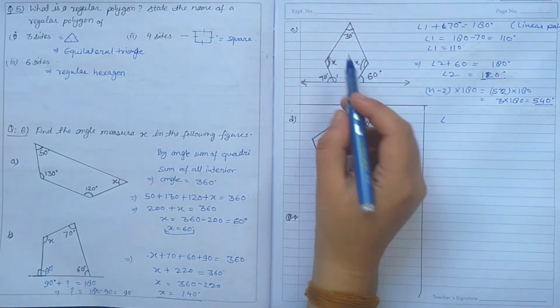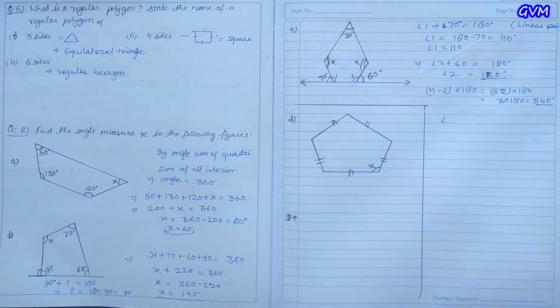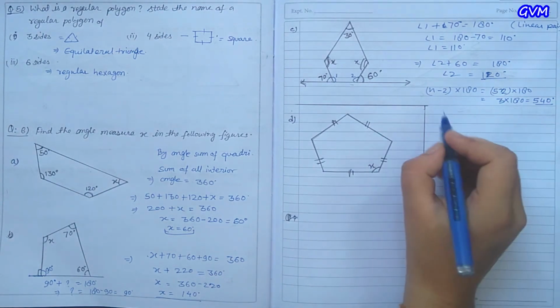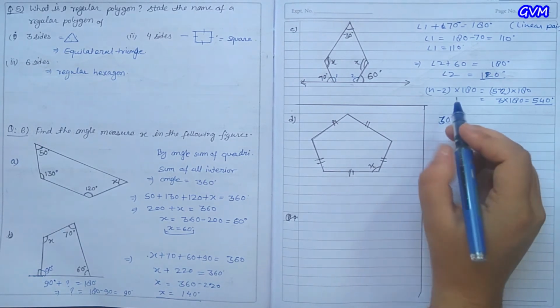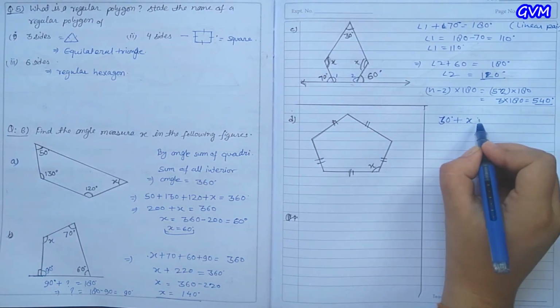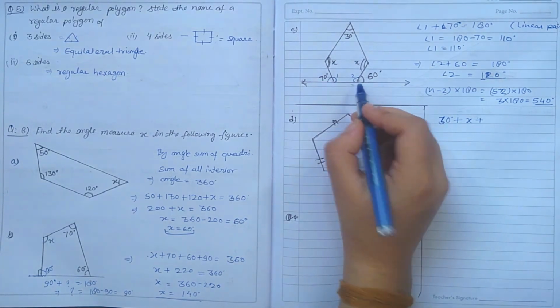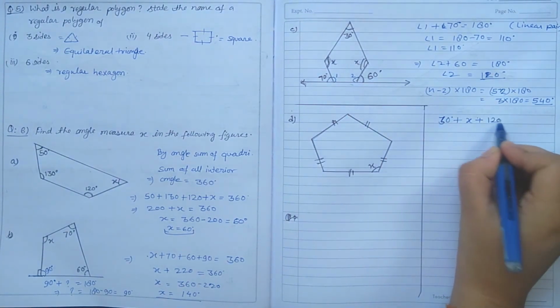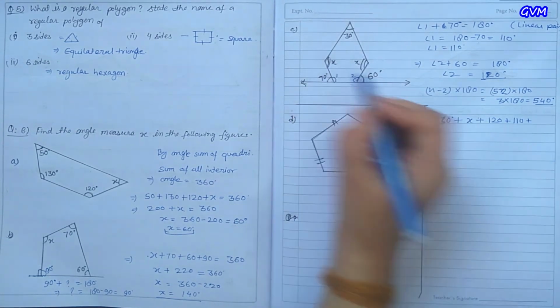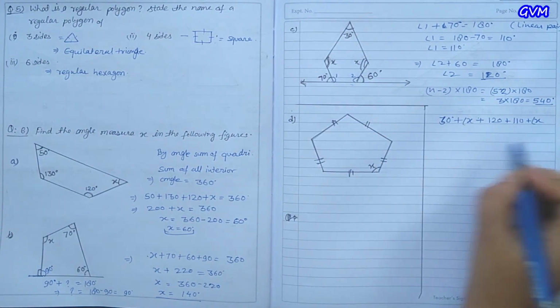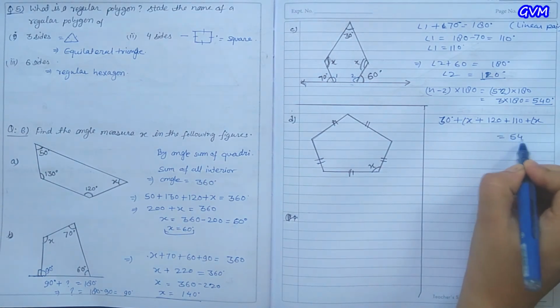That means the sum of all these interior angles is 540. So let's start with 30 degrees, plus these two are x, plus angle 2 is 120, angle 1 is 110, and plus this angle x is equal to 540 degrees.